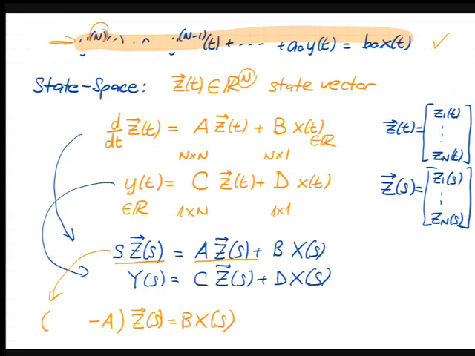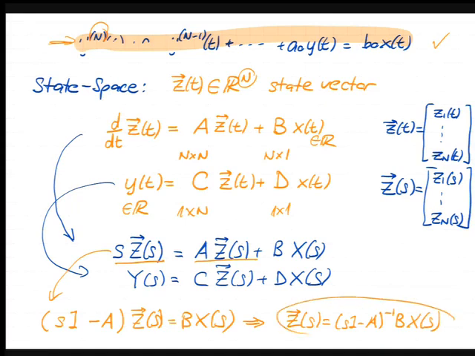There's s here, but s is a scalar. So to be able to compare it to A, which is n by n, I'm going to have to multiply it with the identity matrix that's n by n. So sI minus A. So that means I can actually eliminate z and write it in terms of x. It's going to be (sI minus A) inverse times B times x of s.